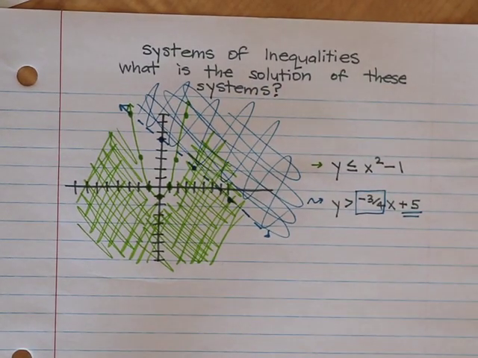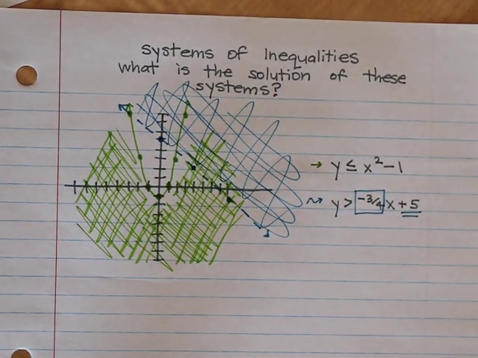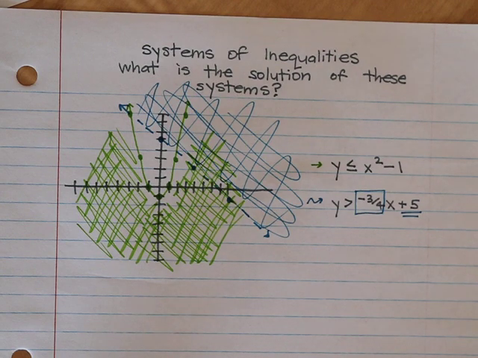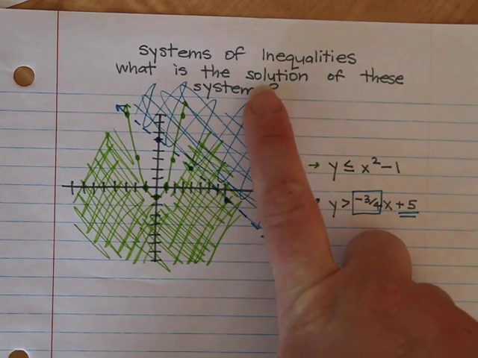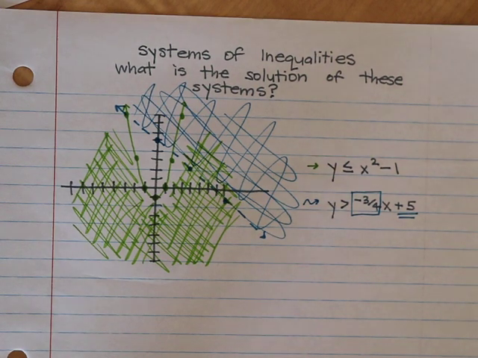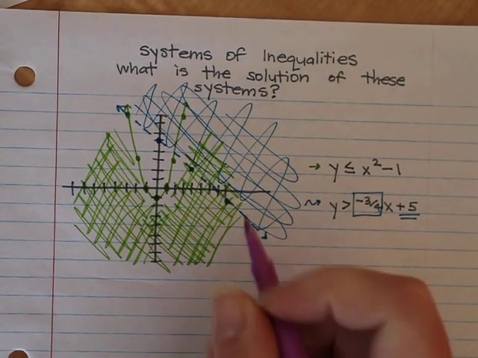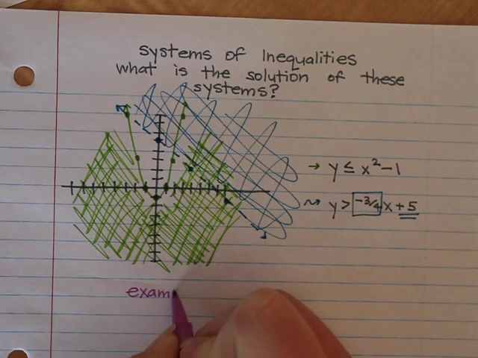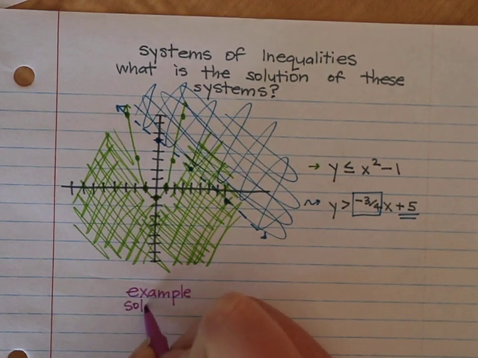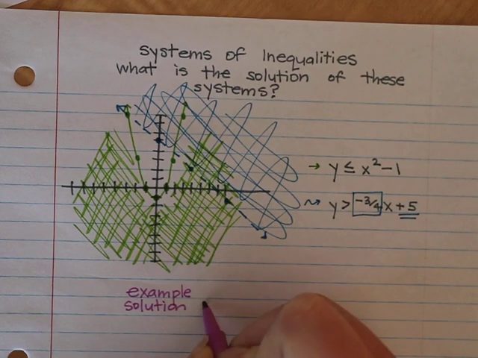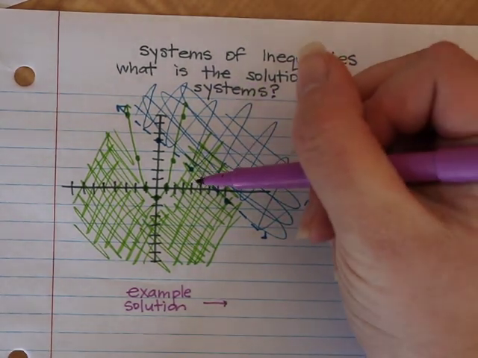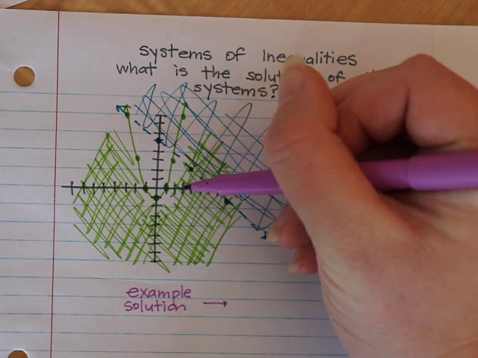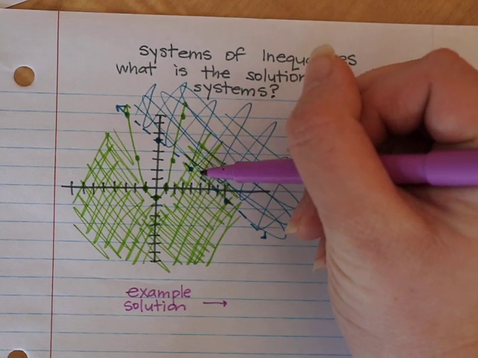Now, thanks to that lovely shading, hopefully you can see a little bit of where the overlap is, because when we are talking about what the solution is, actually I should say what the solutions are, it's any ordered pair in the overlap. So an example solution might be the ordered pair 5, 5.